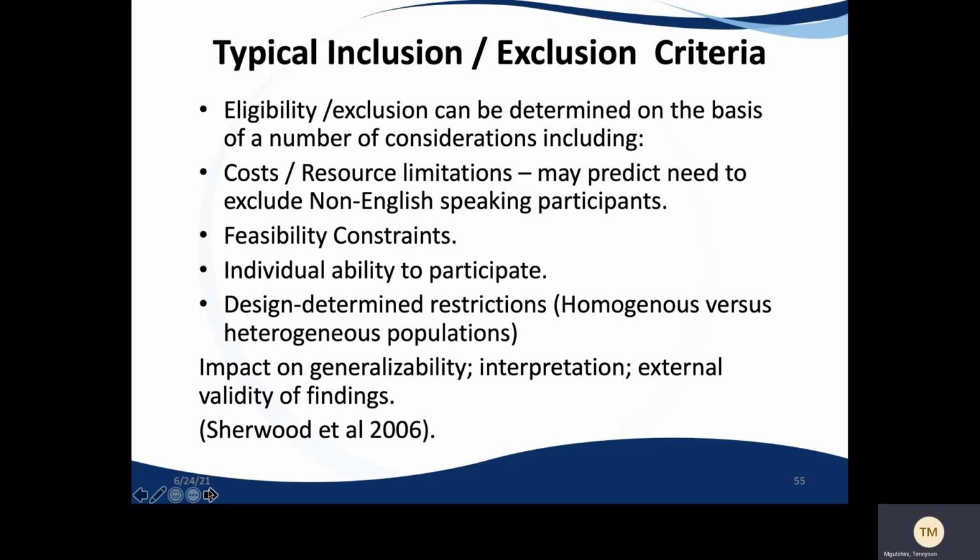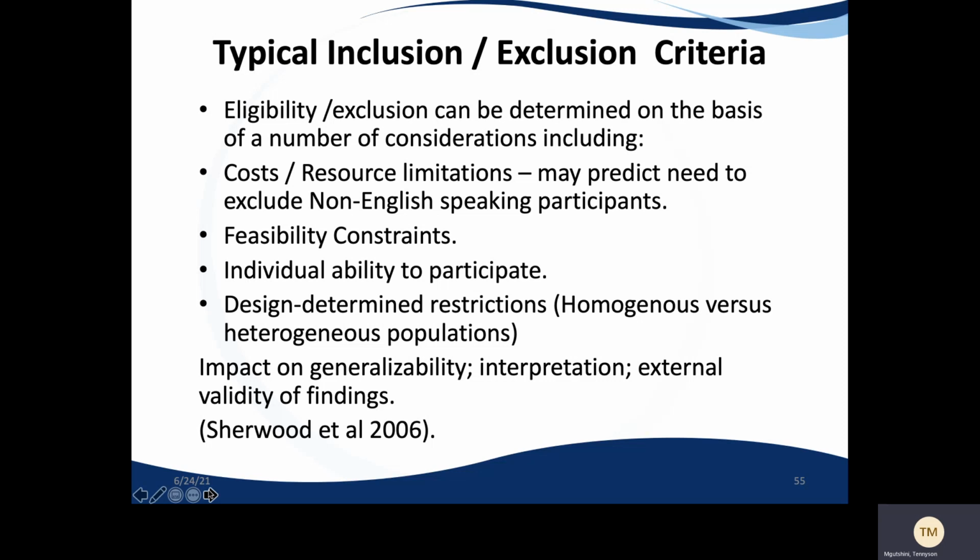And on that basis, you then decide that you are excluding those people who possess different attributes. Of course, once you apply inclusion and exclusion criteria, you define your population in such a specific way that this will impact on your ability to generalize.